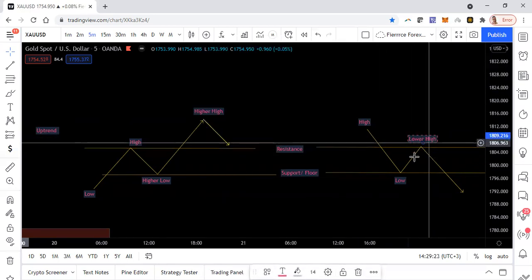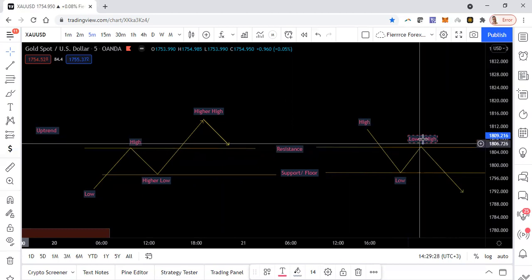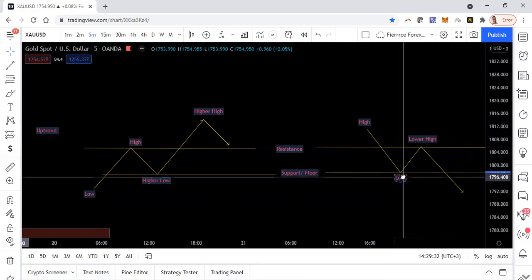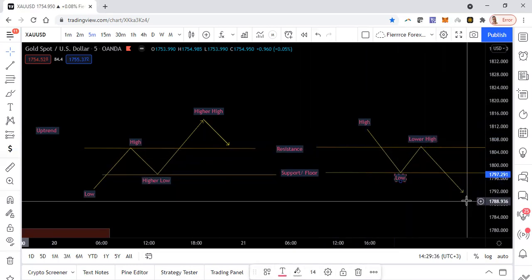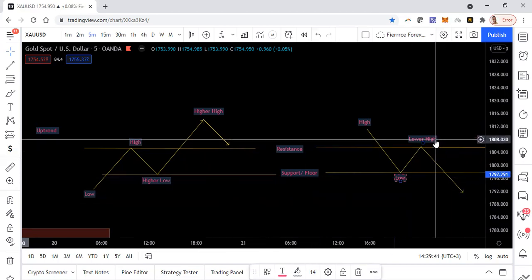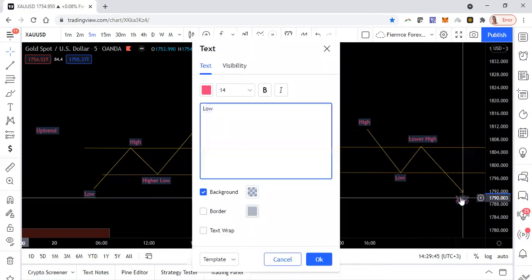So this high is a valid high, which bounced off a resistance, but it's lower than this high. And then it dropped and broke structure here at this support, broke through the support and then formed a low that was lower than this. So this then becomes a lower low.